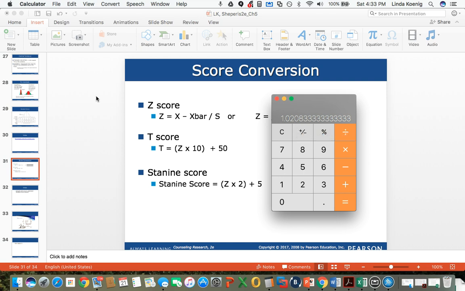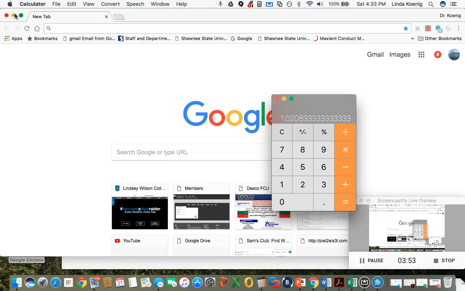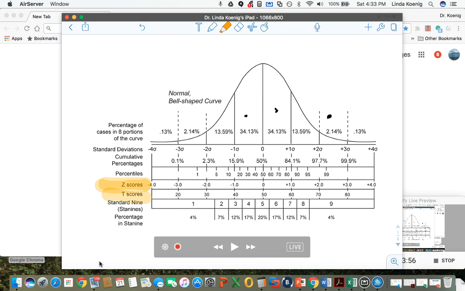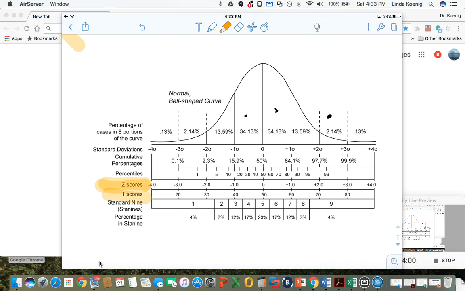I'm going to flip back over to our whiteboard, because we have a z-score of 1.03.